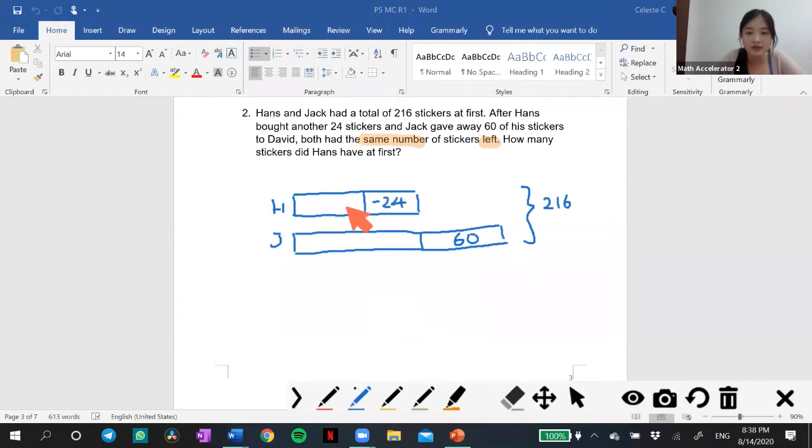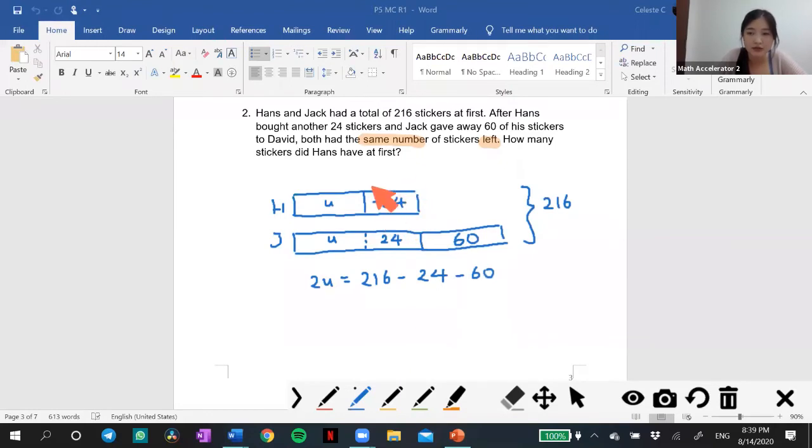Okay, so if you see here, these two are not equal, but you can bring down this 24. Which will now result us to these 2 units here. So 2 units is equals to the total minus 24 and minus 60.